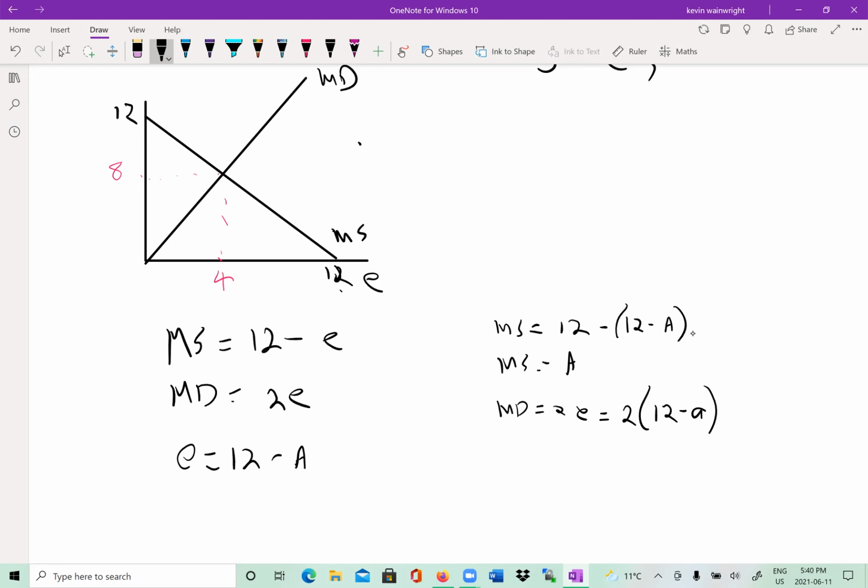So that equals 24 minus 2A, and that tells me the marginal benefit of abatement.